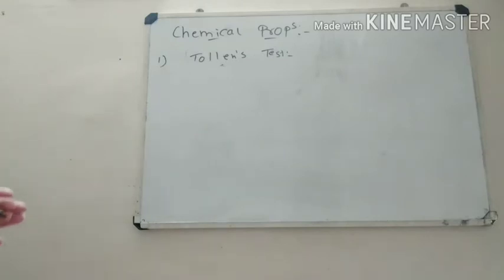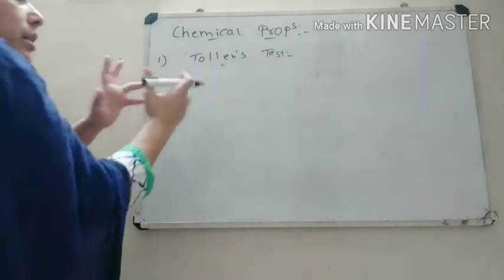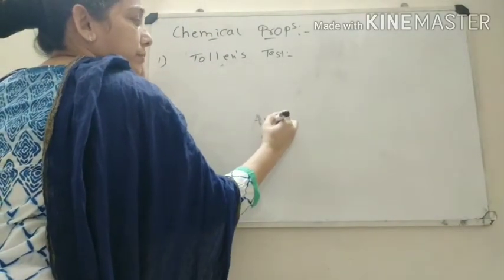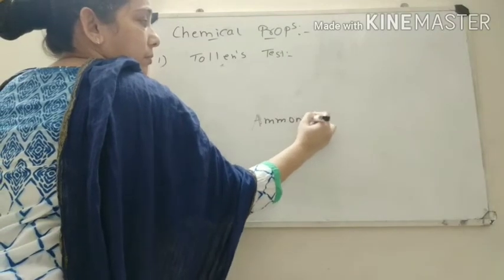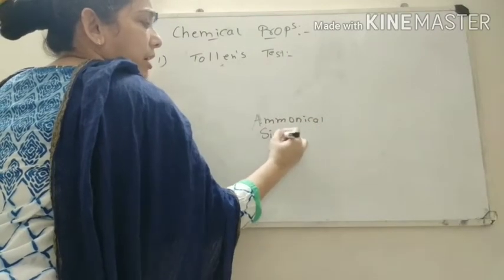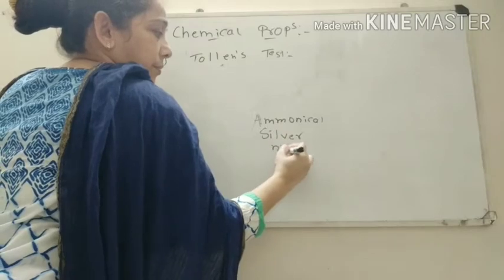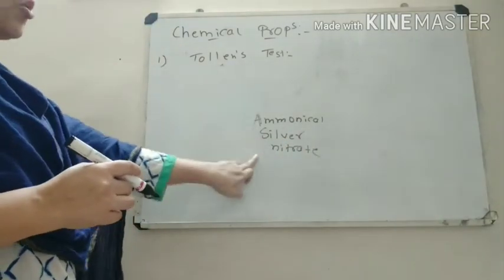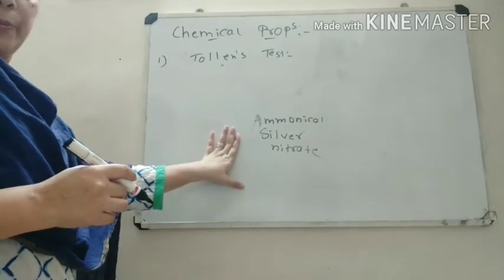The Tollens reagent is ammoniacal silver nitrate. This is known as the Tollens reagent.